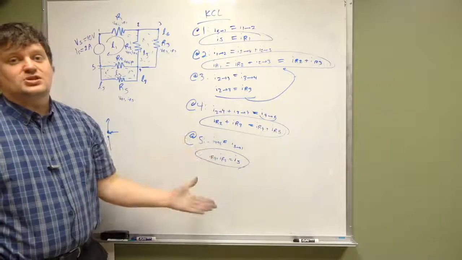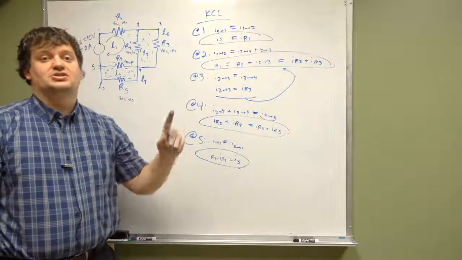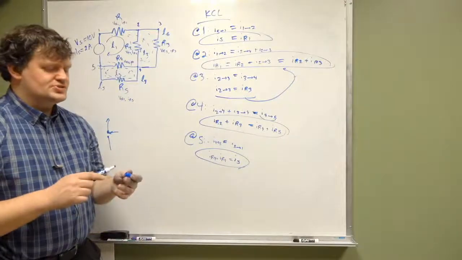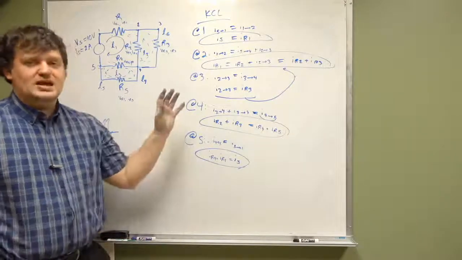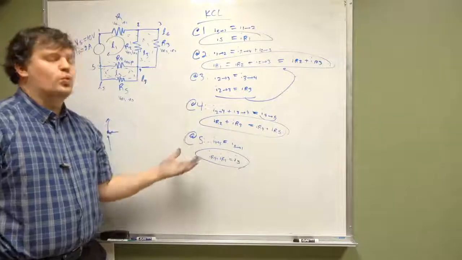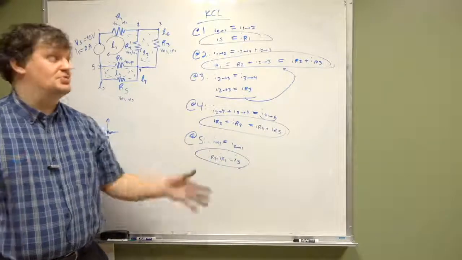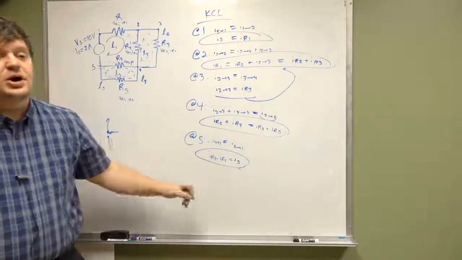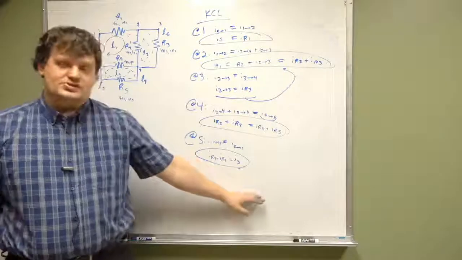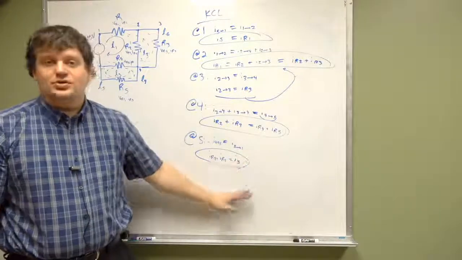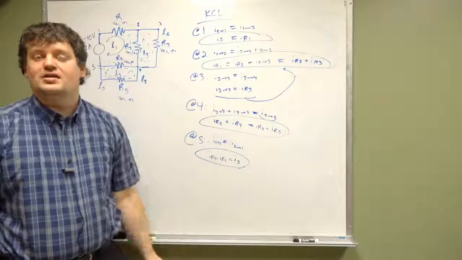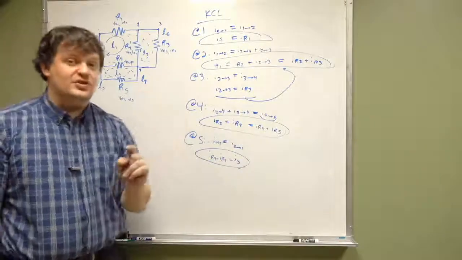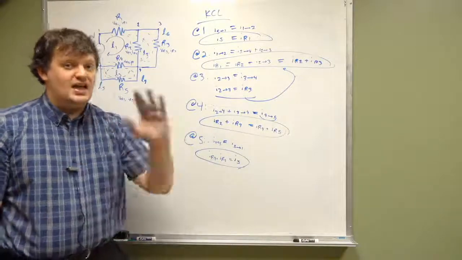KCL gives us restrictions on the system based on the law of conservation of mass. Those two together, in combination with the component constitutive equations for resistance, capacitance, and inductance, plus maybe power and energy equations, should let us solve this entire system. We can figure out what every single voltage and every single current is everywhere.